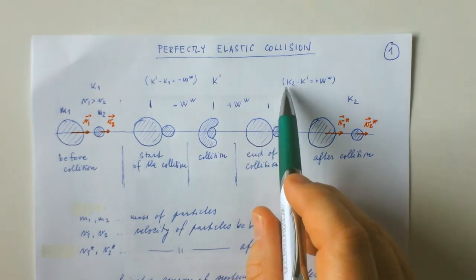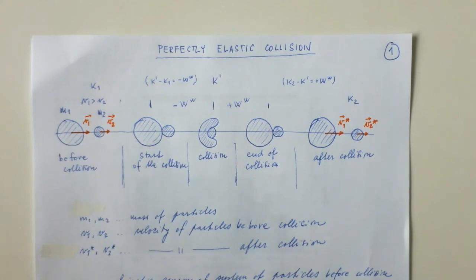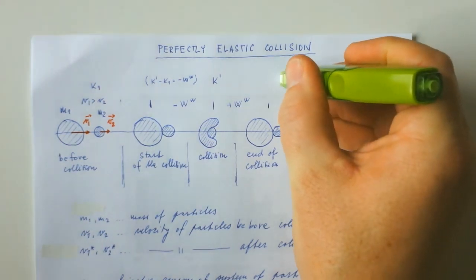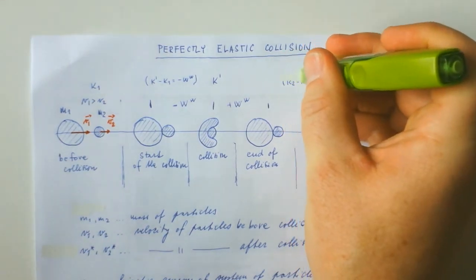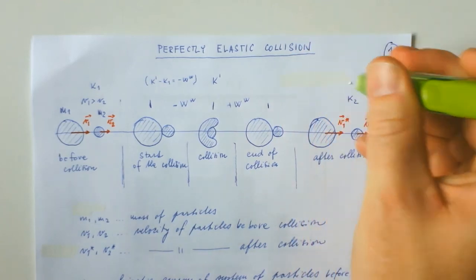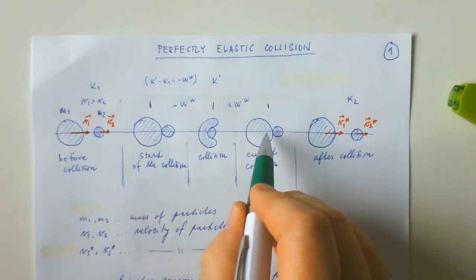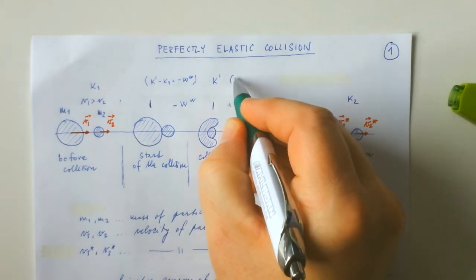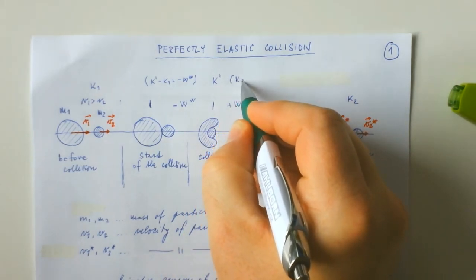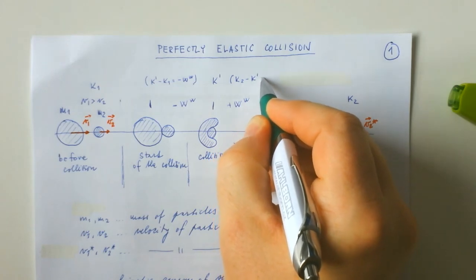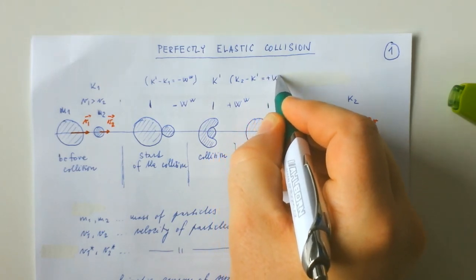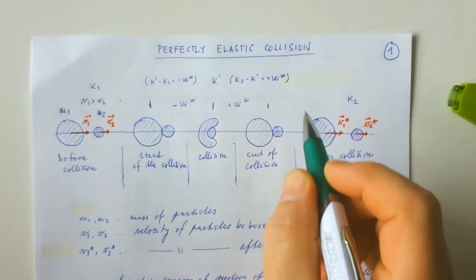But it would be better to write it here, because it's between these two phases. So K2 minus K prime is plus W, okay?